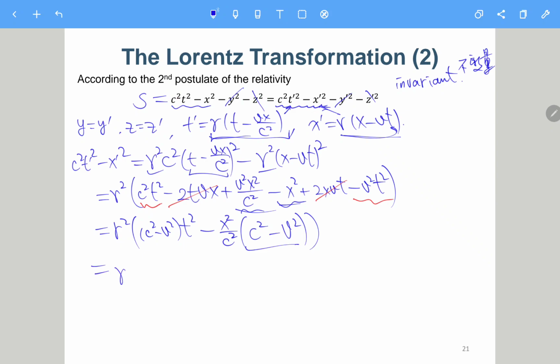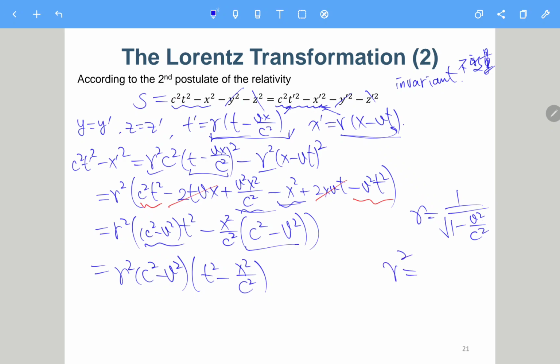So we have gamma squared, and then the common factor c squared minus v squared, and then here we have t squared minus x squared over c squared. And then if you still remember, gamma is 1 over the square root of 1 minus v squared over c squared. Taking the square on both sides, we have gamma squared equals c squared over c squared minus v squared.